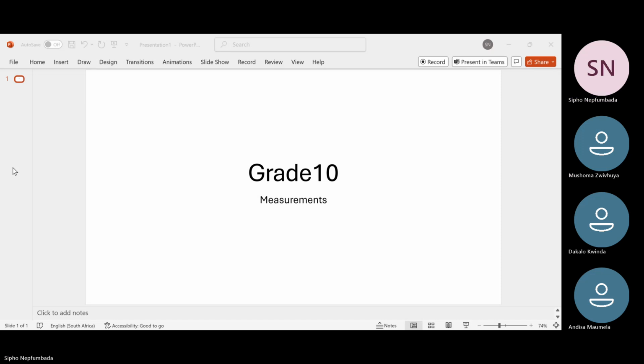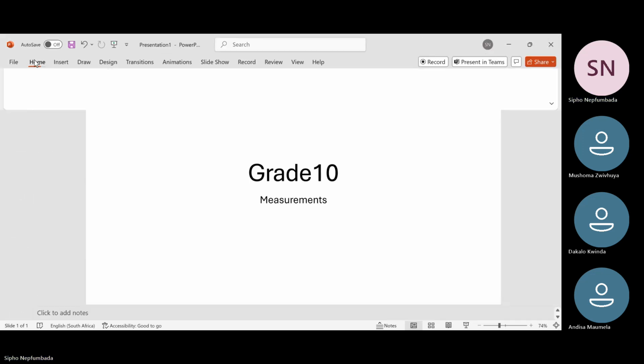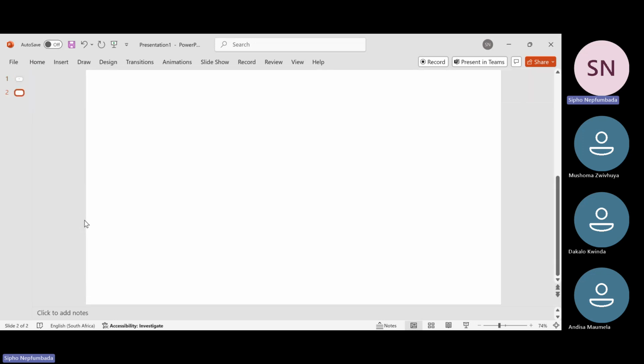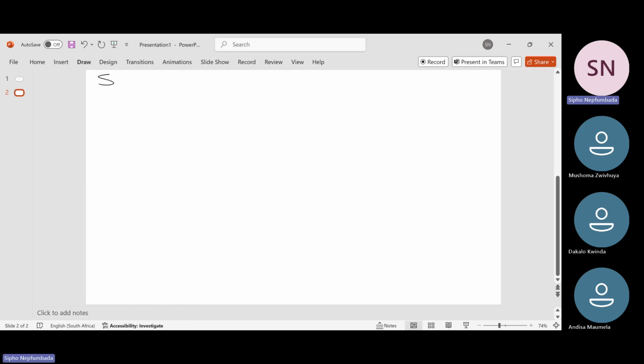This is where we're going to talk about the surface area of a right prism. Let's start with the surface area of a right prism.